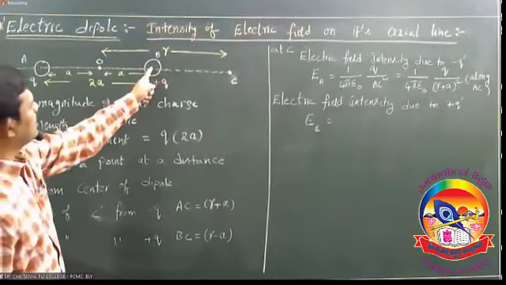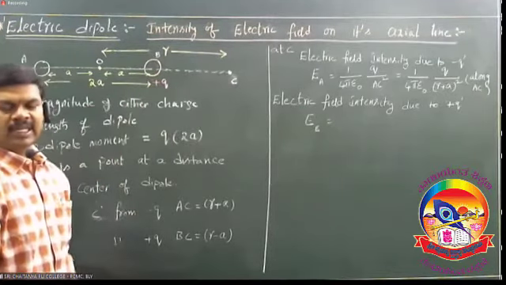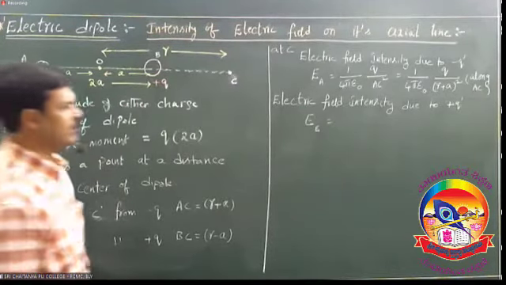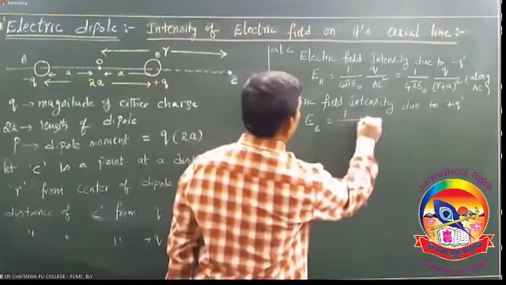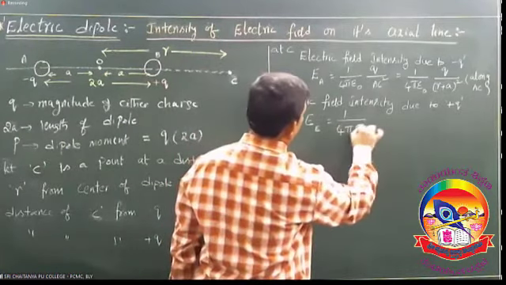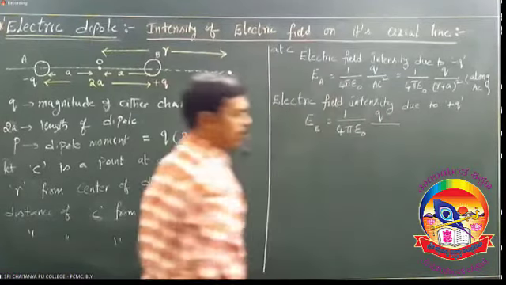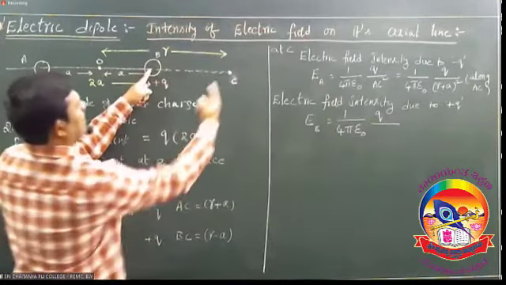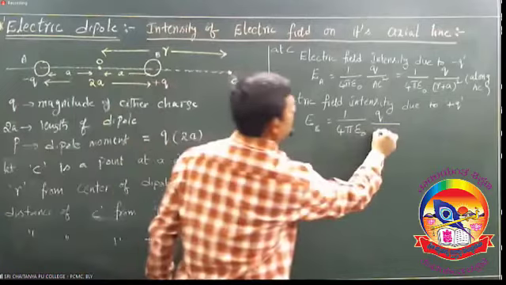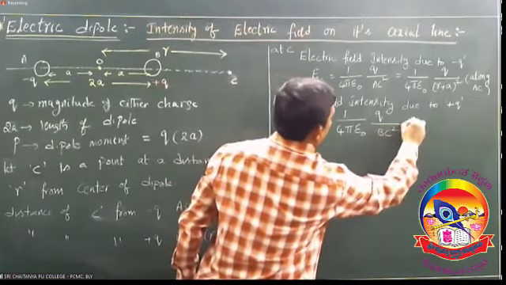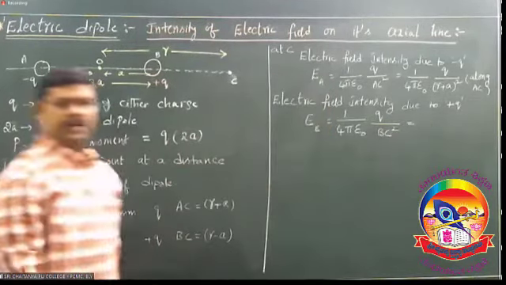Come on, due to this charge, what is the electric field intensity? 1 by 4 pi epsilon naught, magnitude is Q by, what is the distance from here? BC square, right?